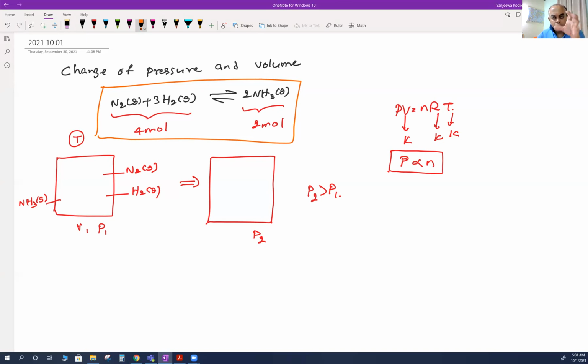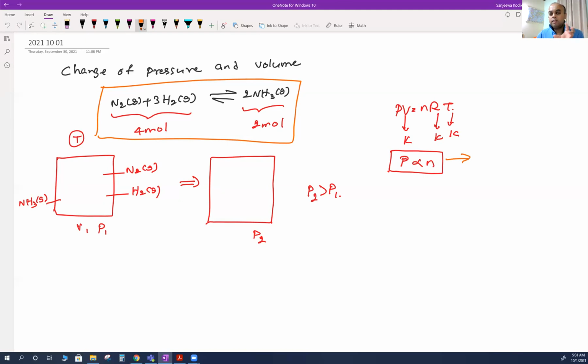You are talking about the total number of moles. If the forward reaction is encouraged, the number of moles will be reduced. That's how it tries to reduce the pressure. According to this equation, the higher the number of moles, the higher the pressure.